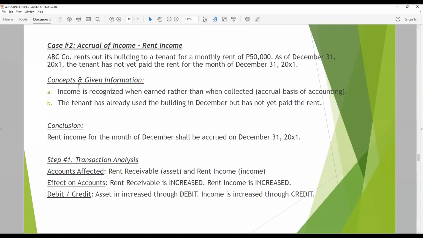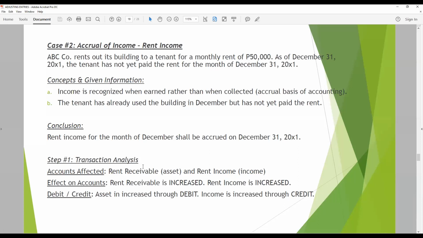So let's analyze the concepts and given information. Income is recognized when earned rather than when collected. The tenant has already used the building in December but has not yet paid the rent. Conclusion: rent income for the period of December shall be accrued on December 31.